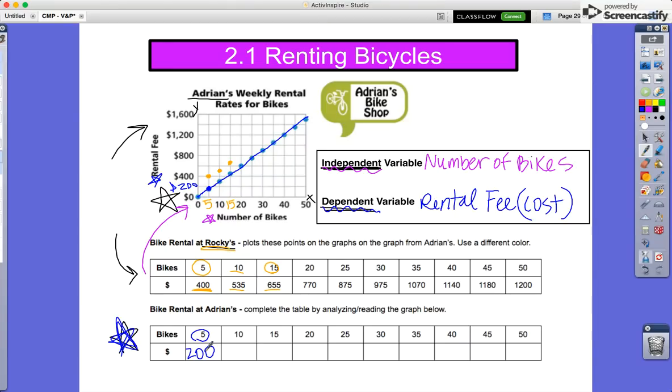At 10 bikes, I'm right in between 200 and 400, so that's going to be $300. At 15, I'm just above $400, so I'm going to write $450. All right, now you will continue with Adrian's table and Rocky's graph.